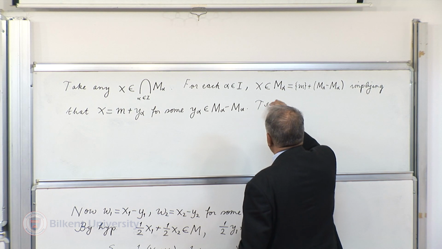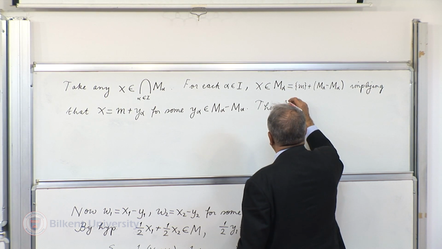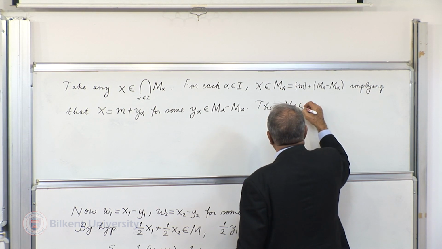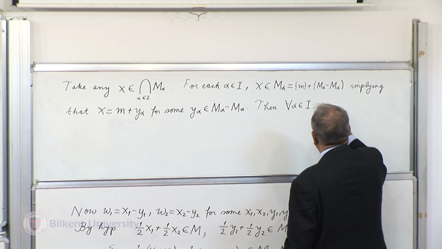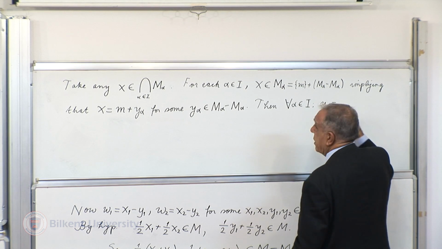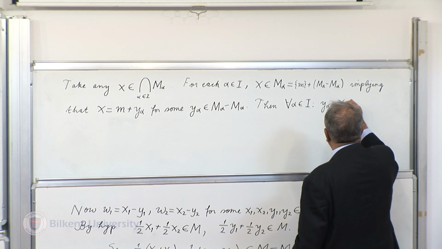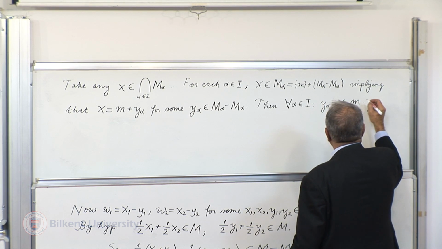Then, for all alpha in I, y alpha is equal to x minus m.